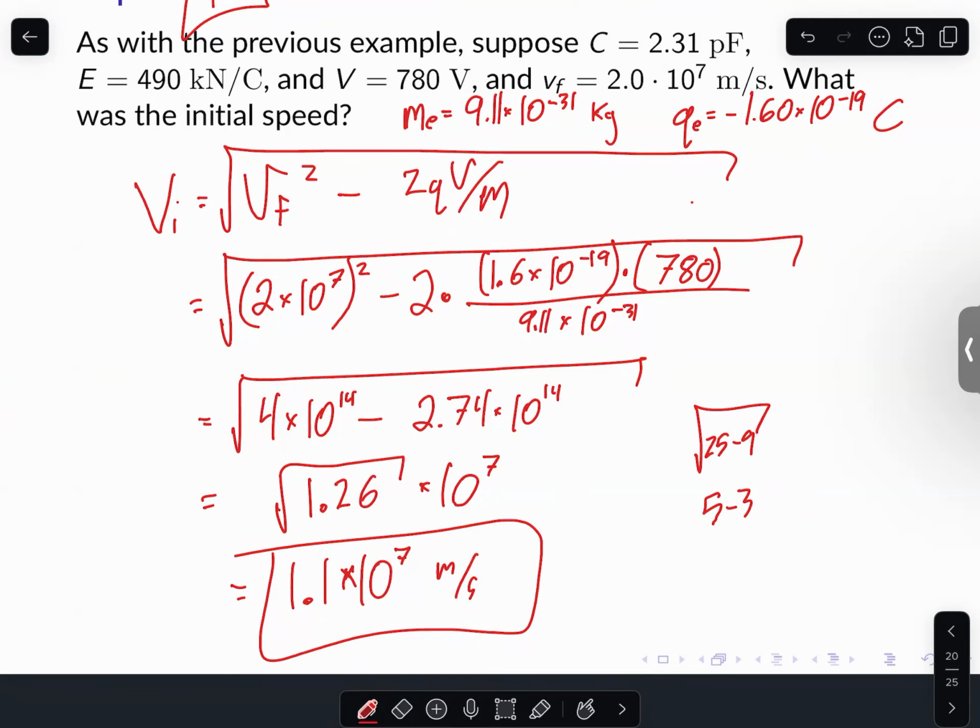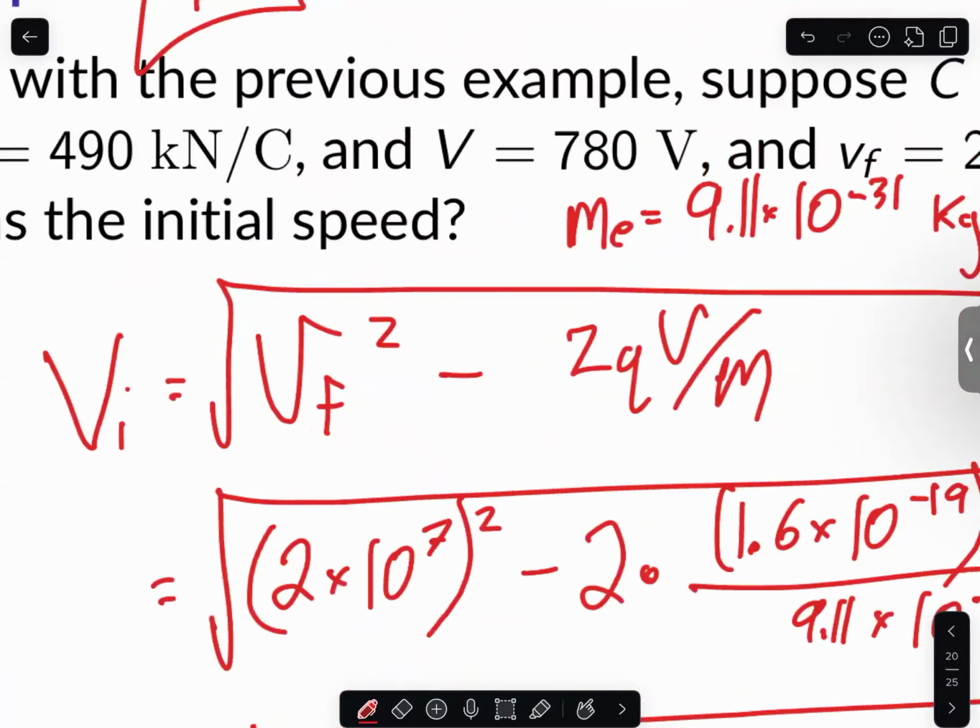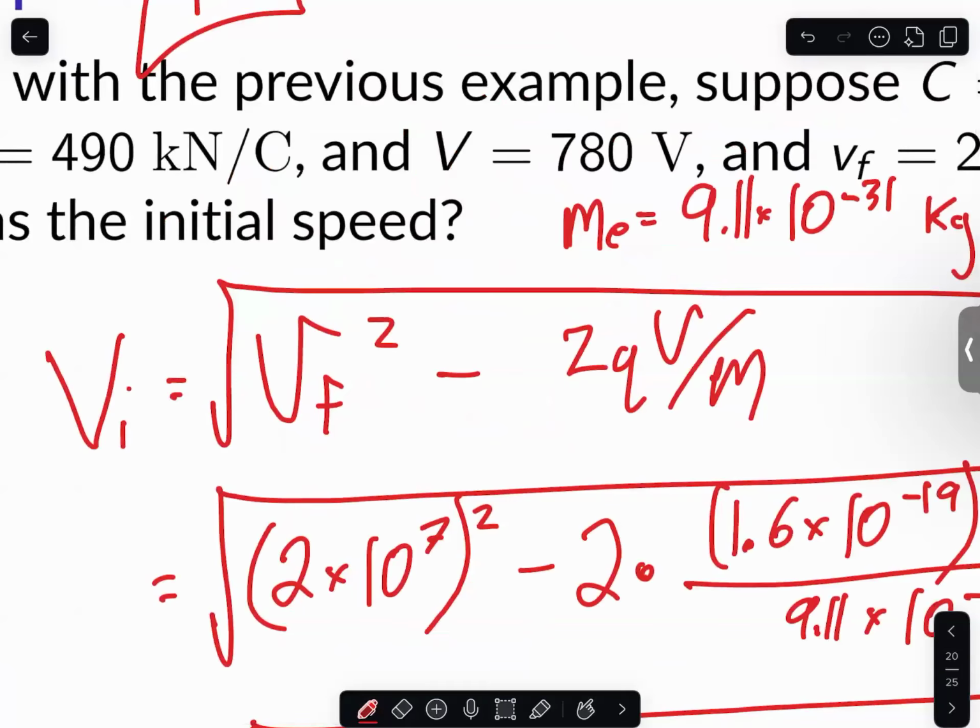What's the square root of 16? 4 is not equal to 5 minus 3. So you can't take the square root of the individual terms in here. You wouldn't take the square root of 5 squared. You have to leave it as 25 minus 9, or v final squared minus 2qV over m.